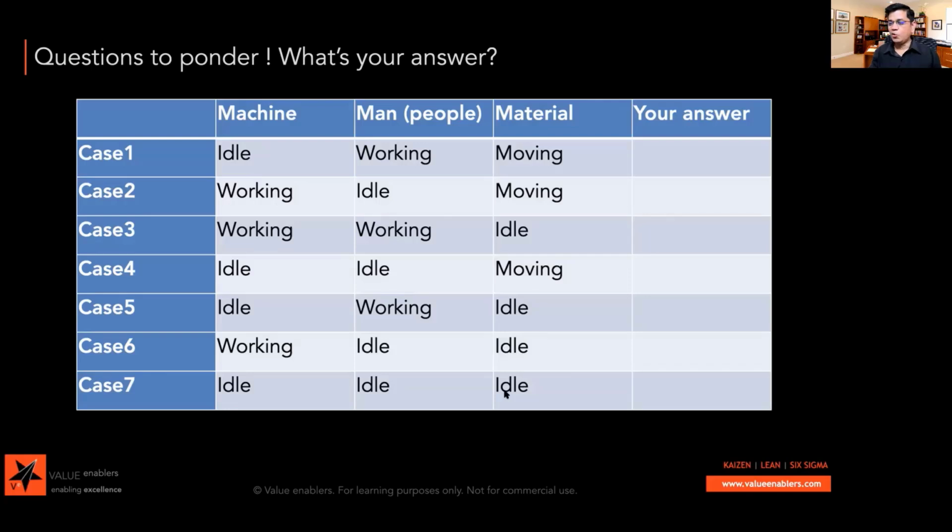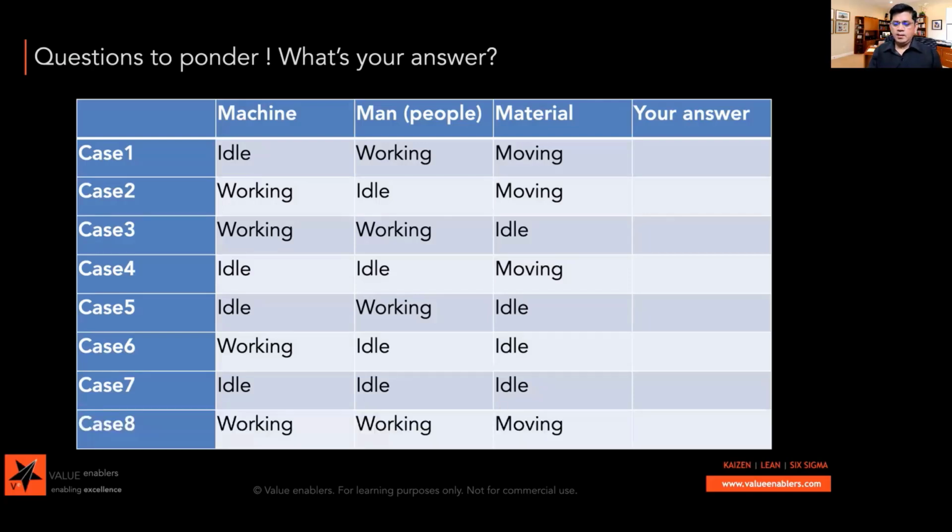Somebody wrote in one of the batches, labor strike and things like that. Any situation is fine. And case 8, all the things are working. So I request all of you to take a screenshot of this and share your thoughts in an Excel sheet.